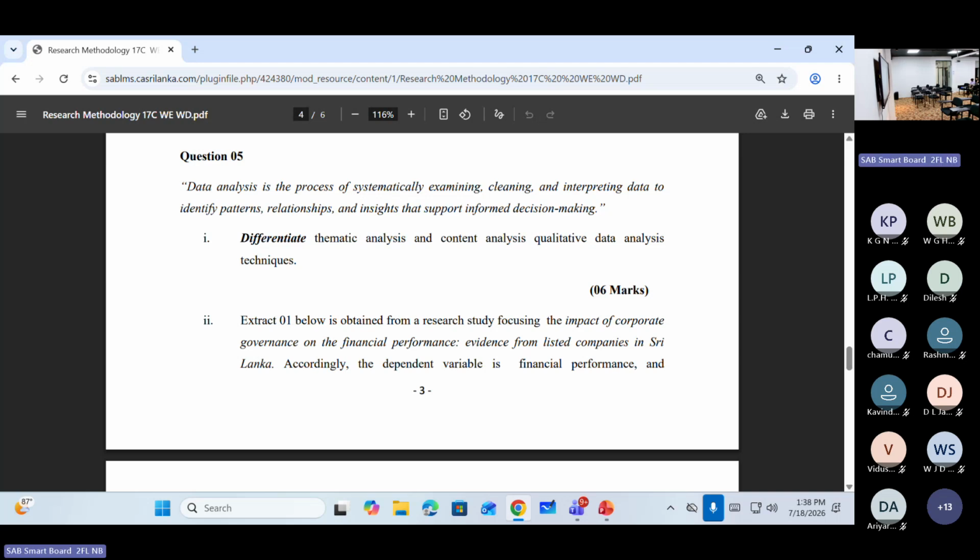The responses can be divided into three themes.